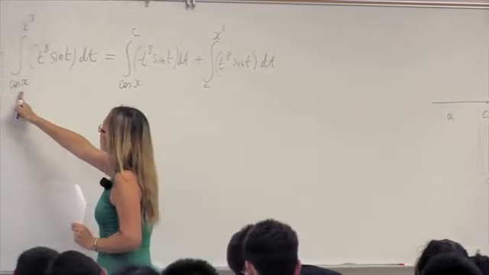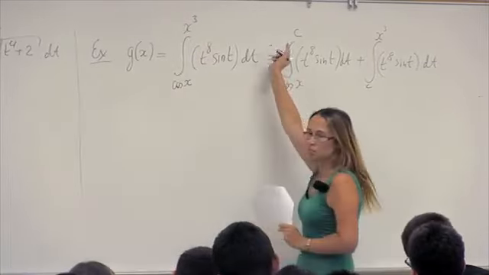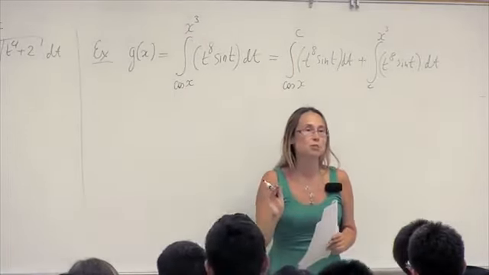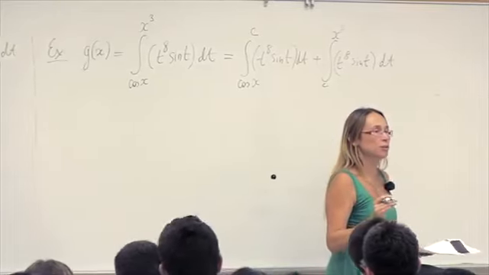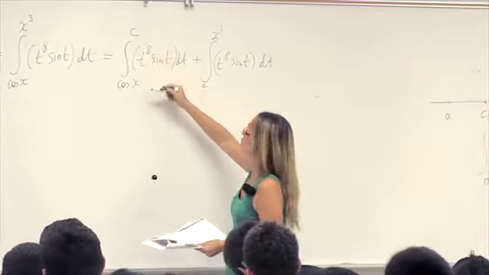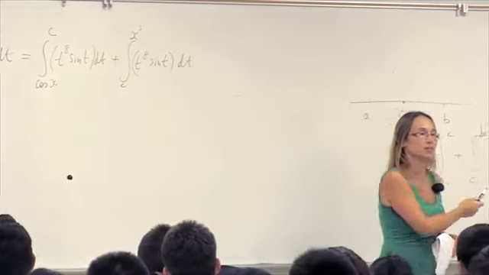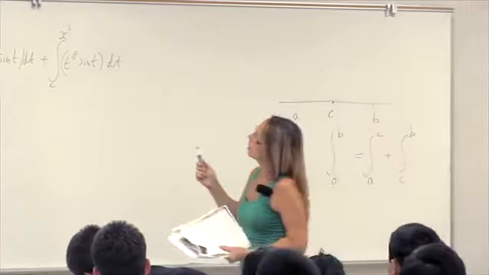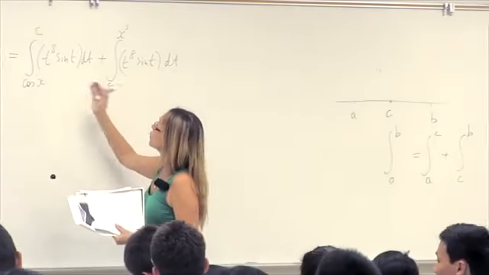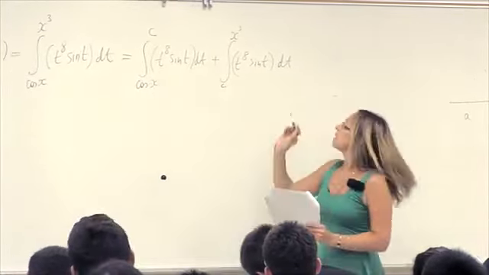Between the lower limit of integration and the upper limit of integration, I inserted a constant, and I don't really care what the constant is because my answer will not depend on it. With any constant, it'll work, right? Just like here. This is one of those rules of integration that we looked at. And now the first integral contains x only as the lower limit, and the second one only contains it as the upper limit. So it's a little bit better.